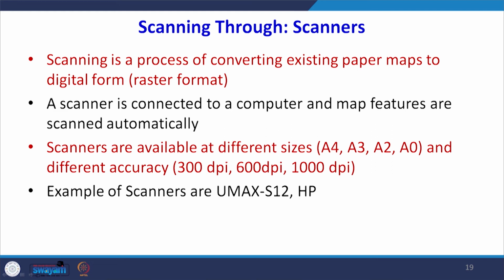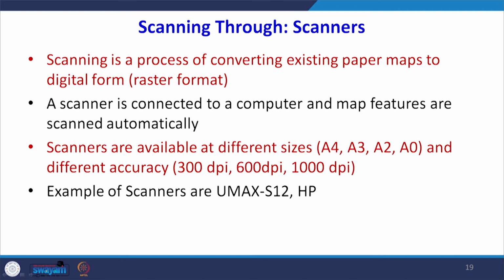So the first part of that is the scanning process. You are scanning the map, converting the paper maps into digital form. When you are converting into digital form, the output is in raster format. So it is in the form of a grid, and then using this raster format, you have to carry out the vectorization process as you have done with the digitizing table.